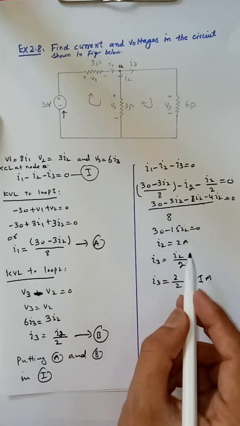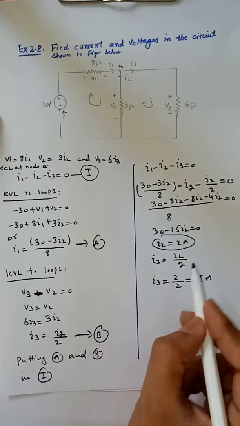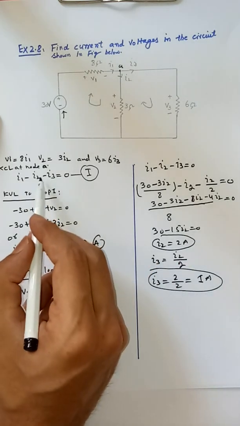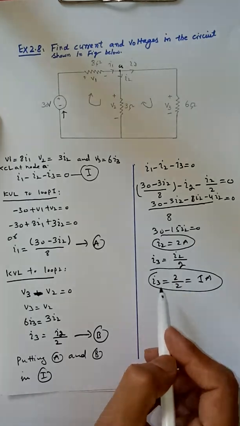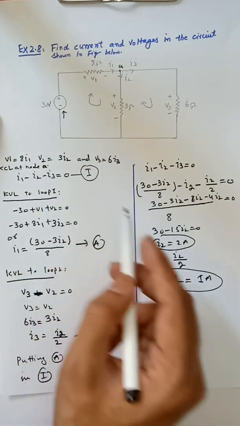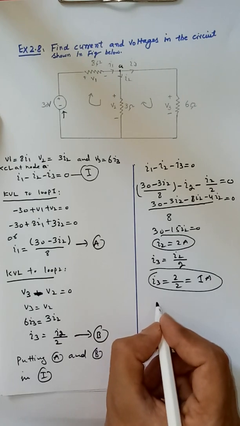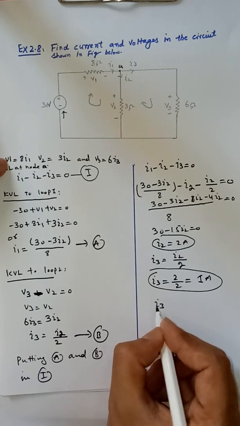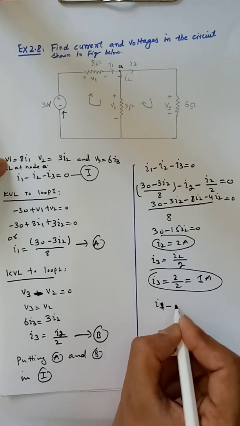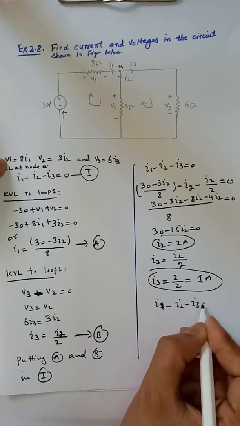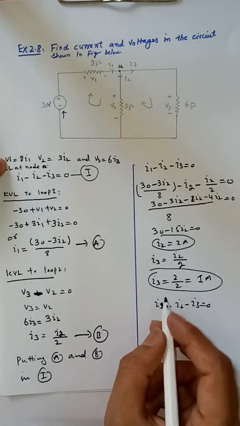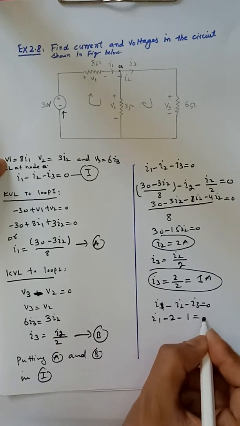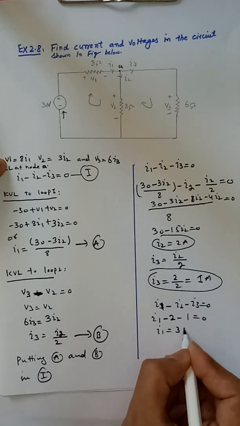Now putting the values of I2 and I3 in the KCL equation, I1 minus I2 minus I3 equals 0, so I1 minus 2 minus 1 equals 0. So I1 equals 3 ampere.